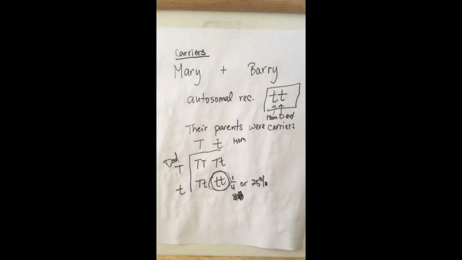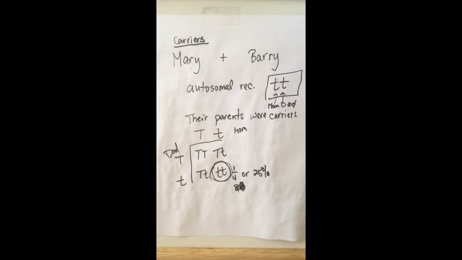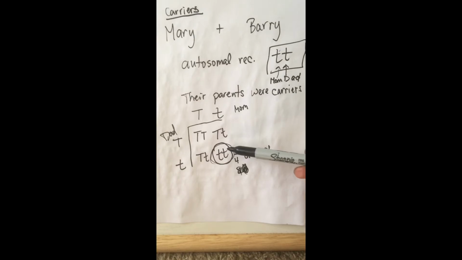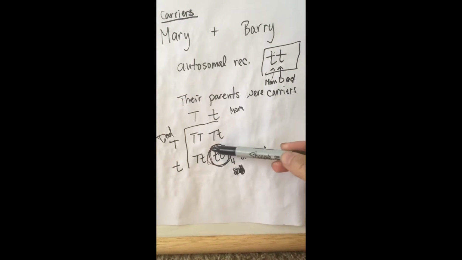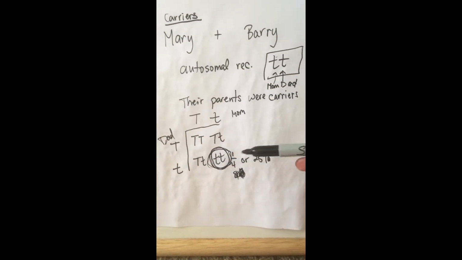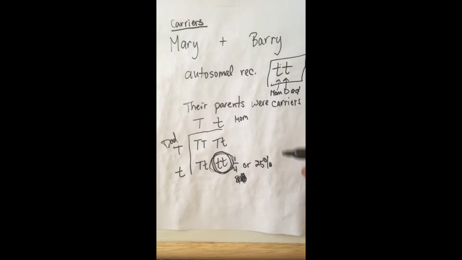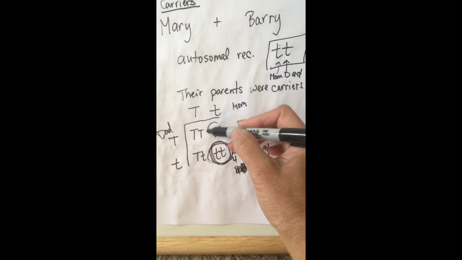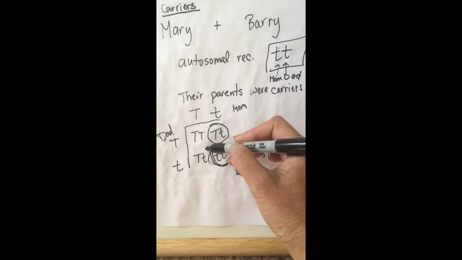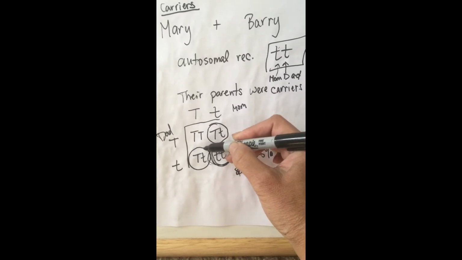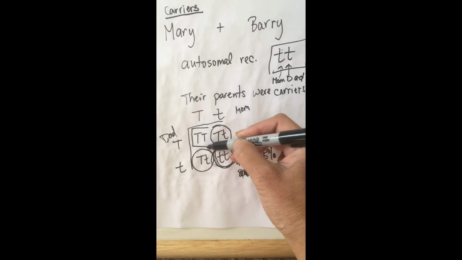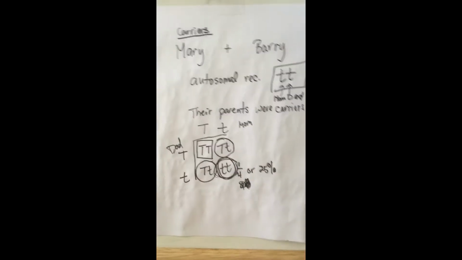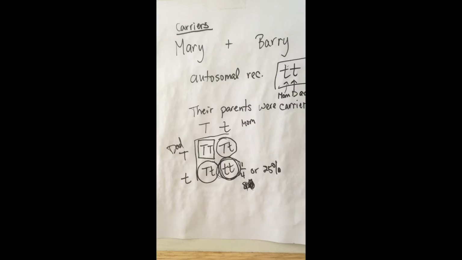And so you're tempted to say that they have a 1/4 chance of having a kid with thalassemia. But remember, we don't actually know if they're carriers or not. Because look, there's a possibility. This is a carrier, this is a carrier, but this one, they could have also gotten two dominant alleles.